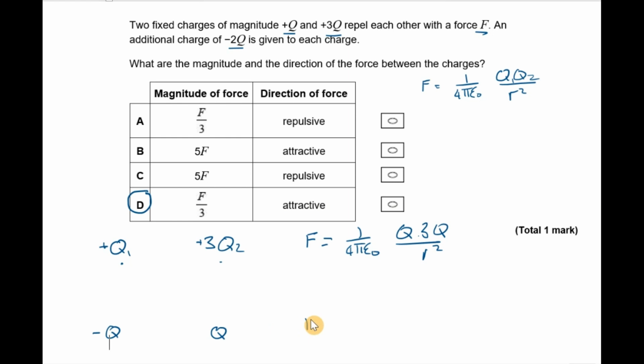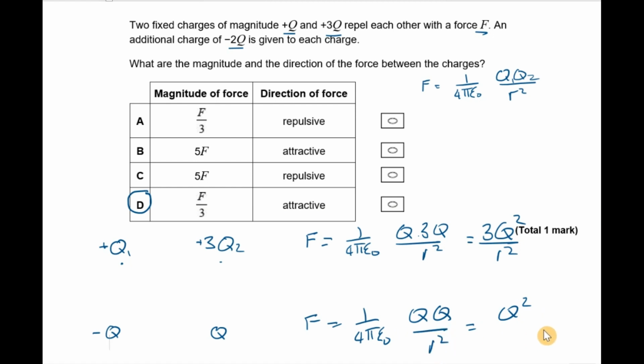And in this second example, I've got 1 over 4 pi epsilon 0, and now I've just got Q multiplied by Q. Multiply these out, I've got 3Q squared over R squared. And that's just Q squared over R squared, whoops, I forgot my R squared before. Well, R squared is the same. I completely just ignored the 1 over 4 pi epsilon 0.